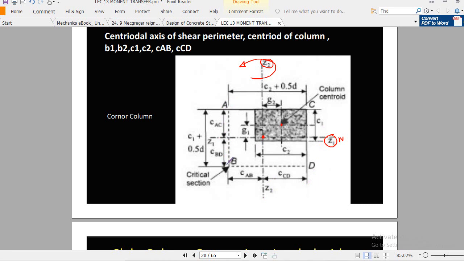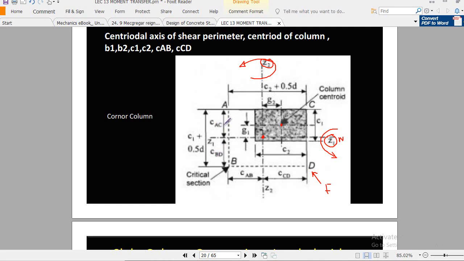Although, let's say the moment is acting about this one, so this BD will now be your front or face, so you may change the places of A, B, C, D as we did in the H column, or if you don't change the places, then you see the notation will be changed here, right?